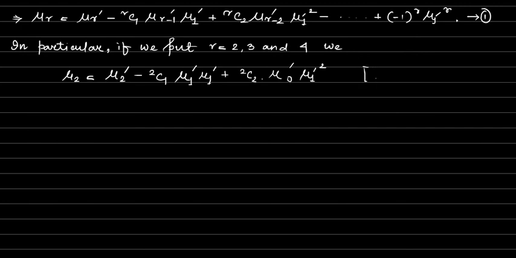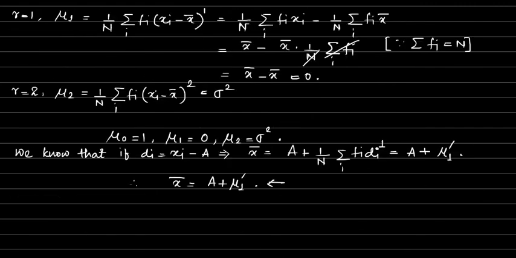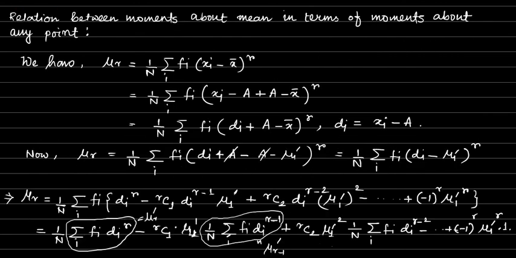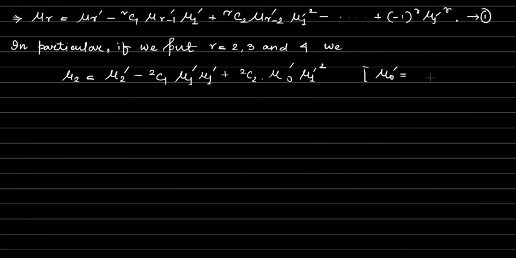Now what is mu 0 dash? If you put r equal to 0, you will have 1 by n summation fi, that is equal to 1. So this is nothing but 1, and 2c2 is again 1.